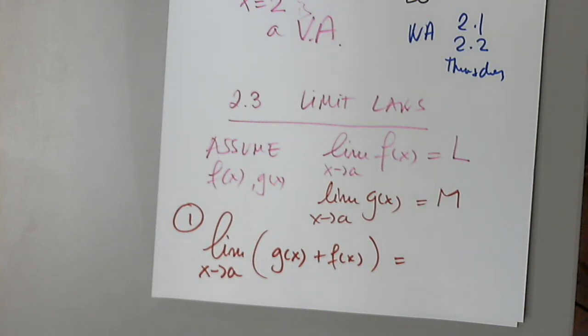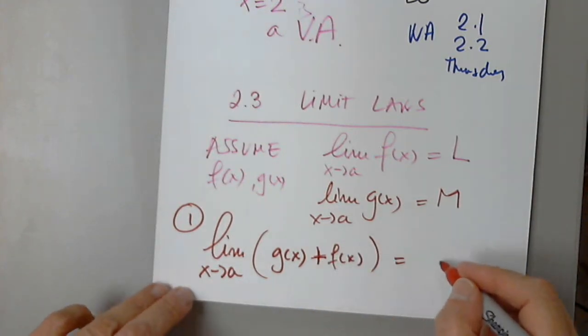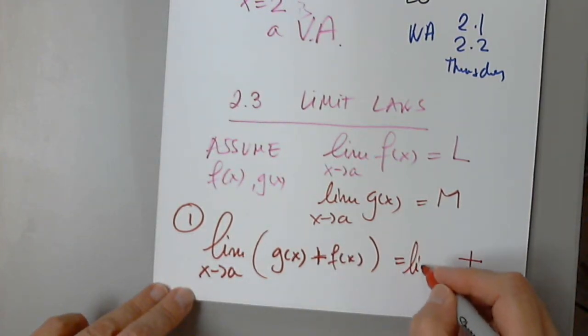So the limit of the sum of two functions whose limits as x approaches a exist, so the limits exist for each function, the limit of a sum will be the sum of the limits.